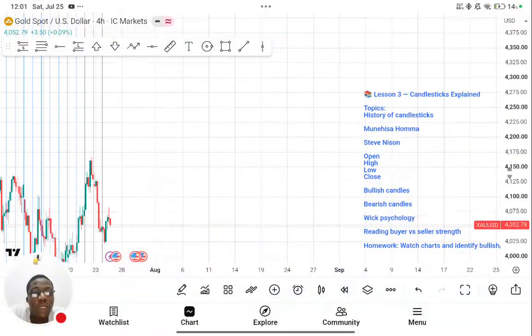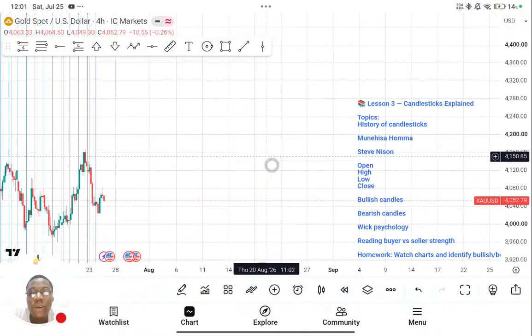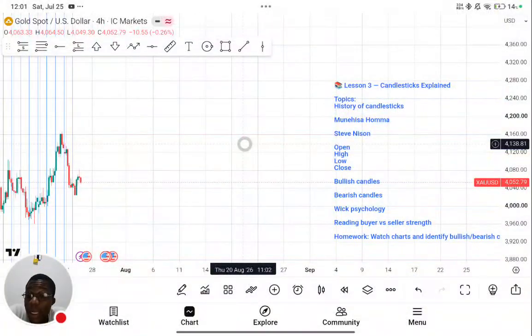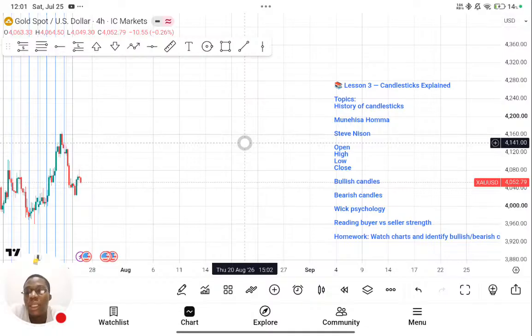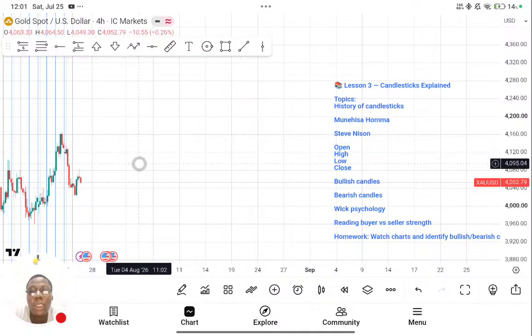Munehisa Homma was a rice trader in Osaka, Japan, in the 18th century. What made this come about was he saw a pattern in the market, that what moves the market basically is demand and supply at a basic level.